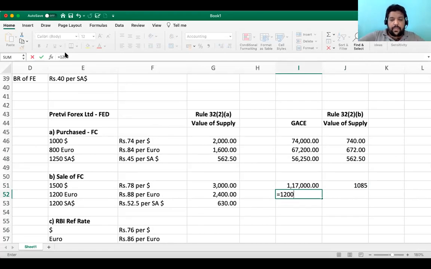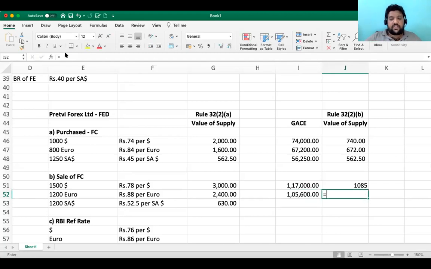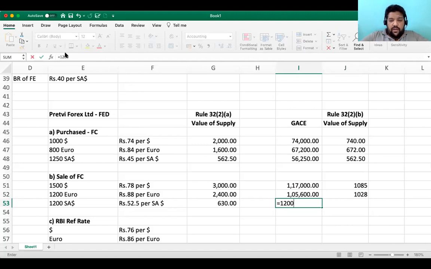Followed by 1,200 into 88, which is 1,05,600. Same logic. For the first 1 lakh, 1,000 plus 5,600 into 0.5%. Followed by 1,200 into 52.5, which comes to 63,000.